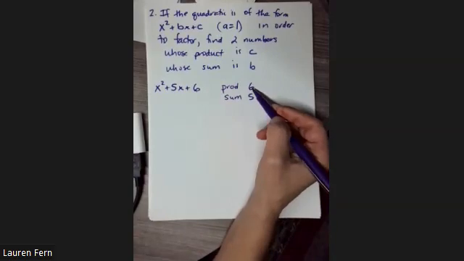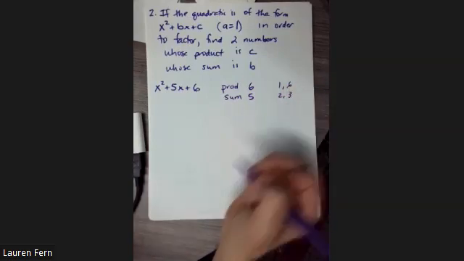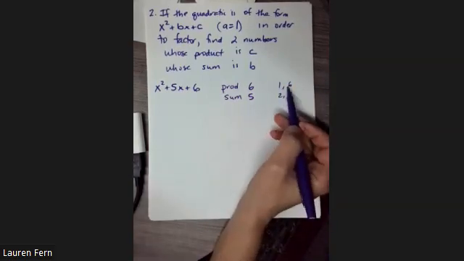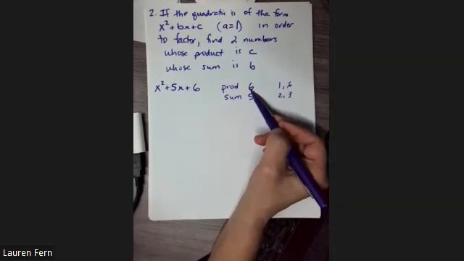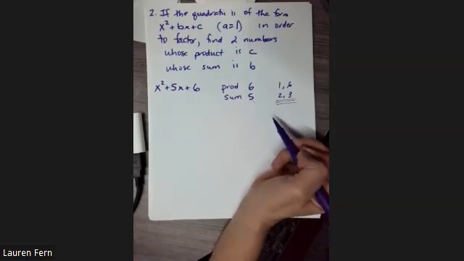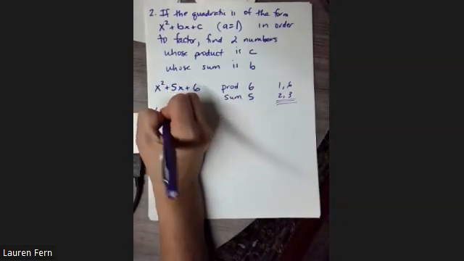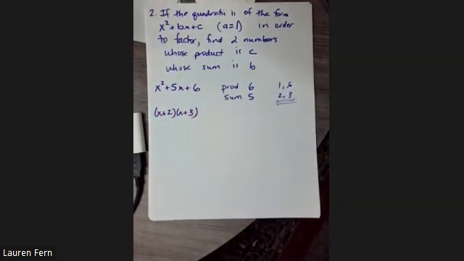What I always do is I write out all my factors of 6 then. So 1, 6, and 2 and 3. So which one of these pairs multiply to a positive 6 and add to a positive 5? 2 and 3. So we can write that as x plus 2, x plus 3.